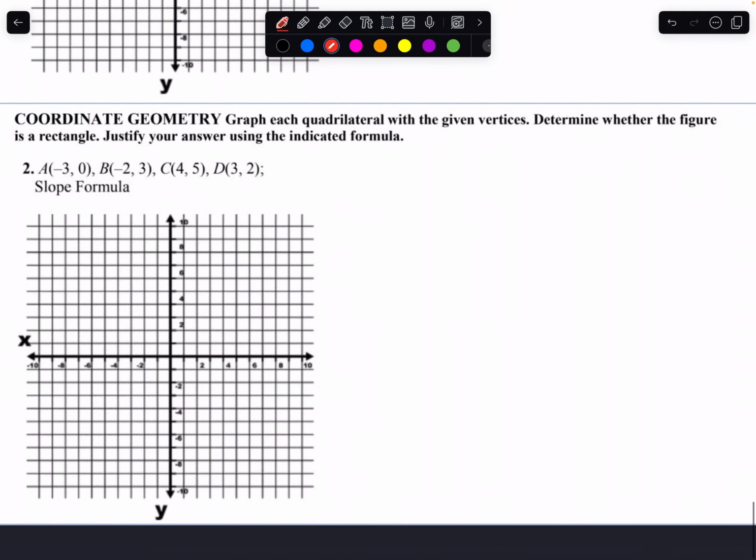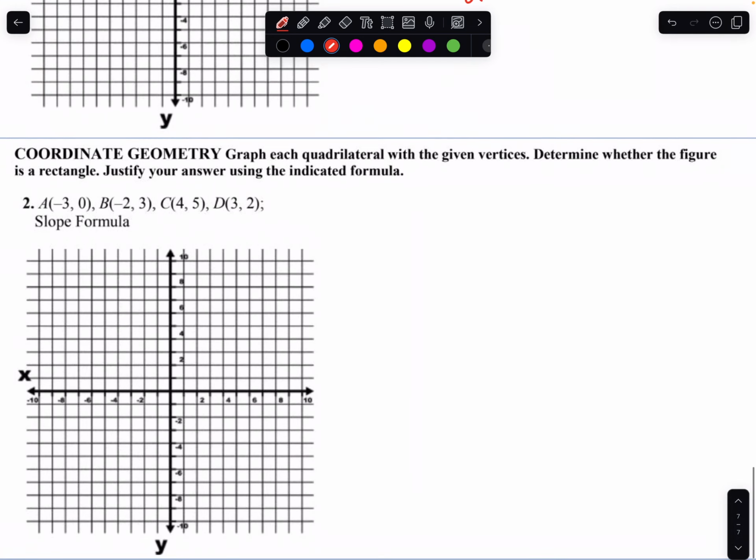Here, I want to determine whether it's a rectangle, but I want to use the slope formula to identify whether or not it is a rectangle. Let's first start by plotting, and then I'll explain what this means. Let's start by plotting the points.